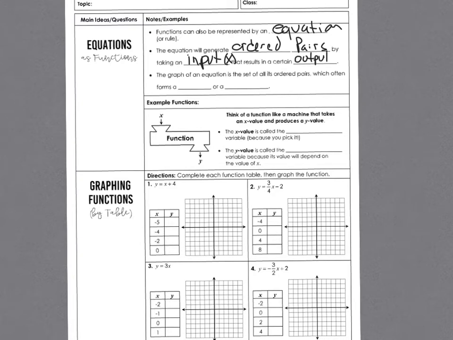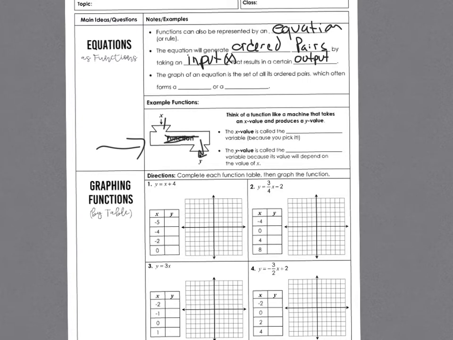You remember back when you're in probably 3rd grade, maybe 5th, they first talked about input, output like it was a machine. You put the x in, put it into the equation, and the y comes out.